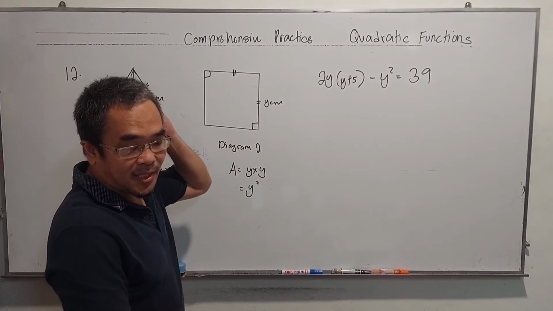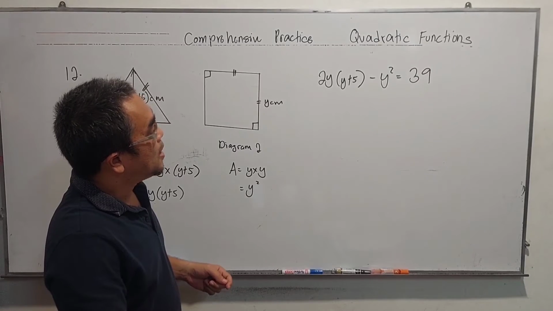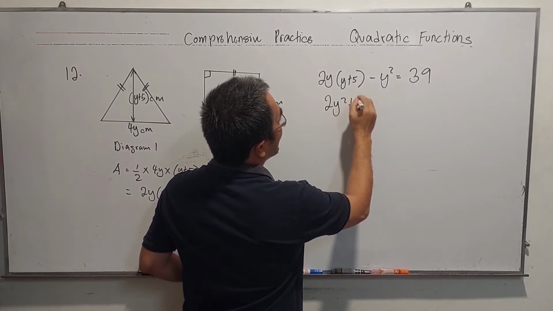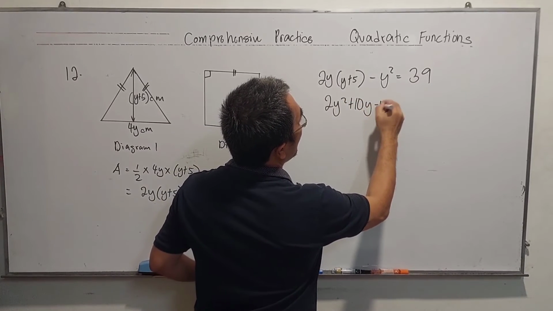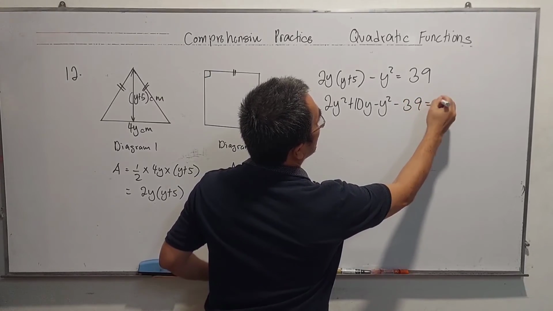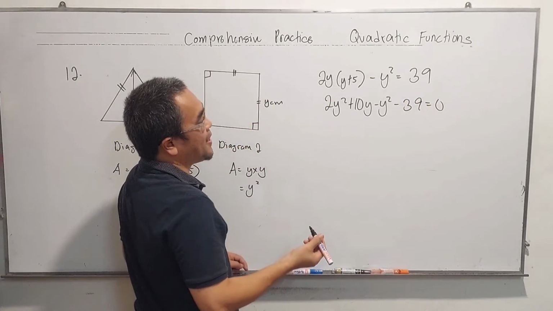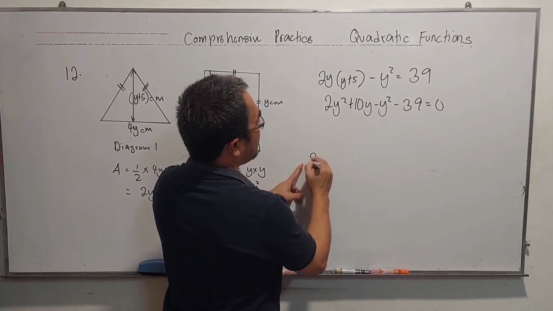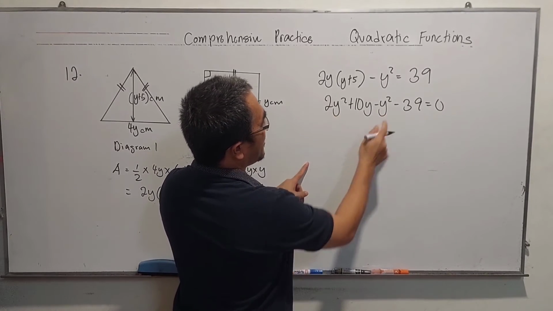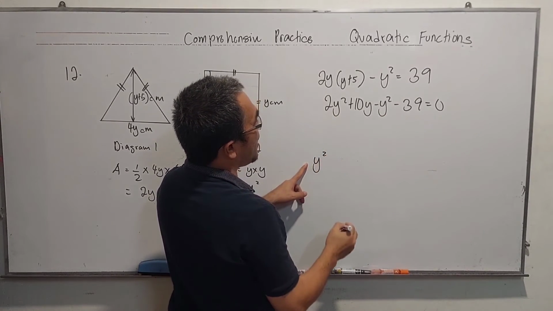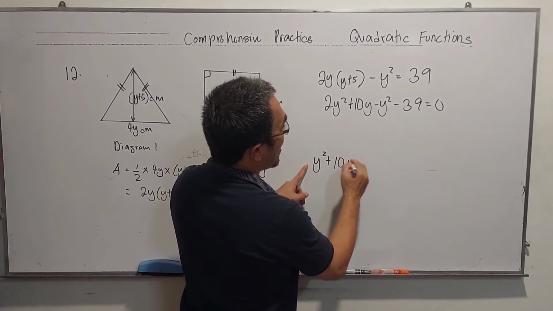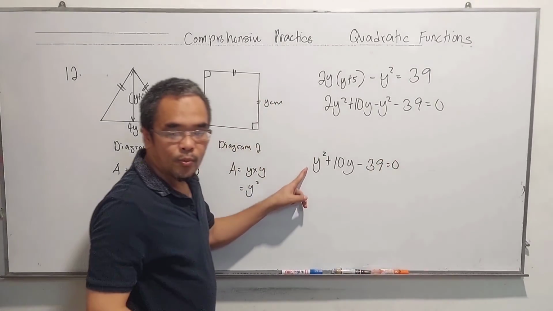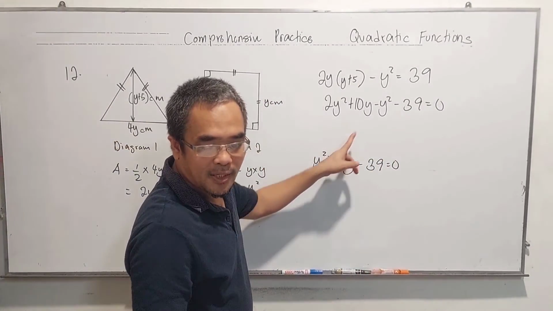From here, we can calculate the value of y. So we expand the bracket: 2y squared plus 10y minus y squared minus 39 equals 0. And simplify that. So we have 2y squared minus y squared will be y squared, plus 10y minus 39 equals 0. Okay, I think you can still read that, right?